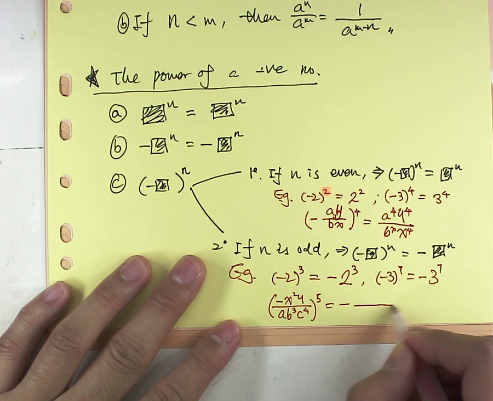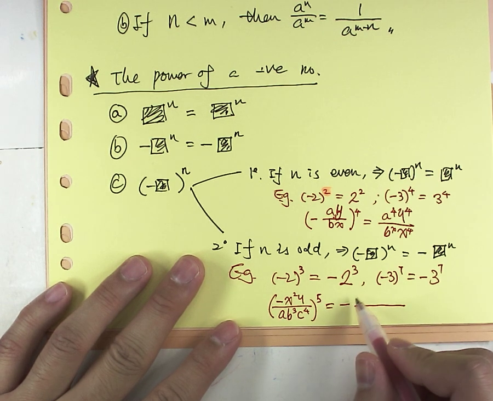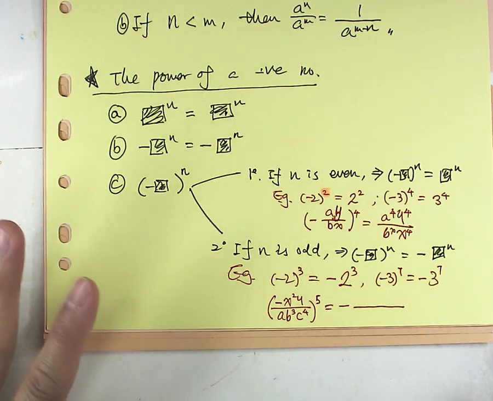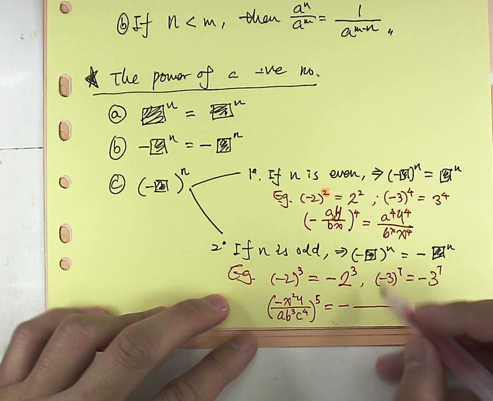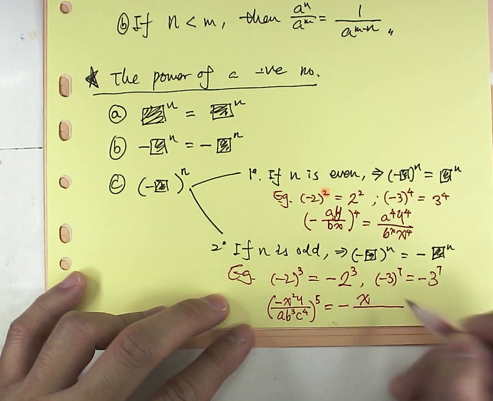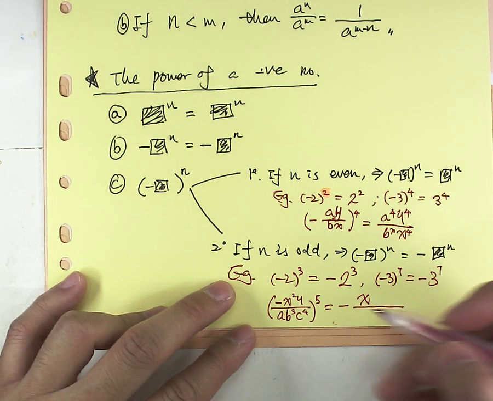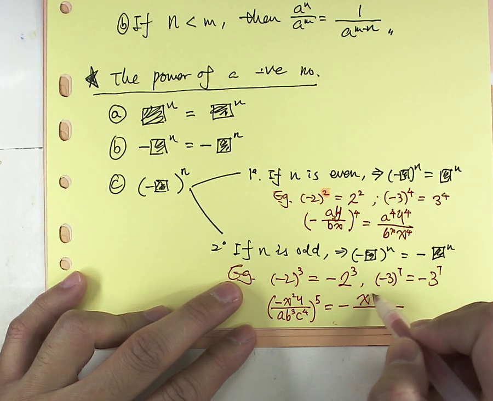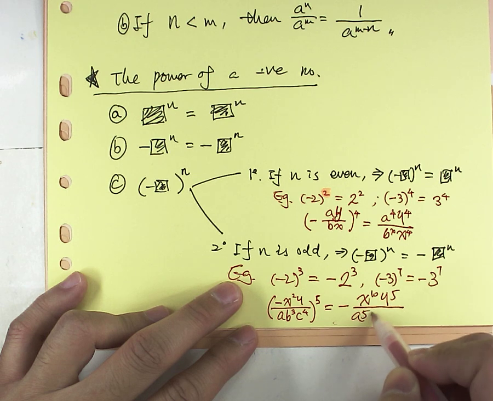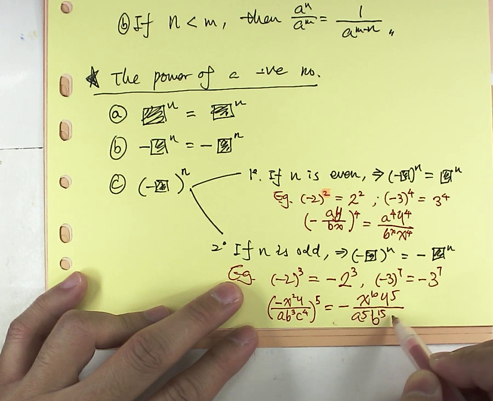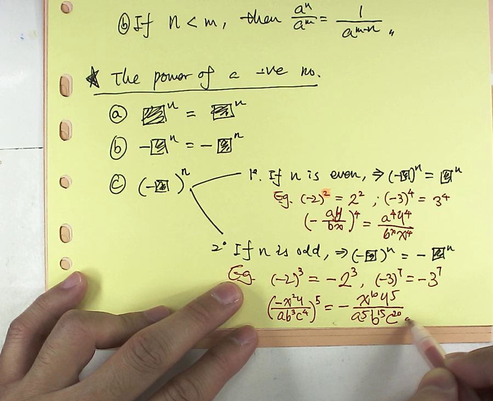Okay. And then draw a fraction line. You can put the minus at the numerator or the denominator, it is okay, or you can just pull it out here. Understand? So all the things you can do the power 5. Okay, 2 to the power 5 is 10, and then this a to the 5, b to the 15, c to the 20.